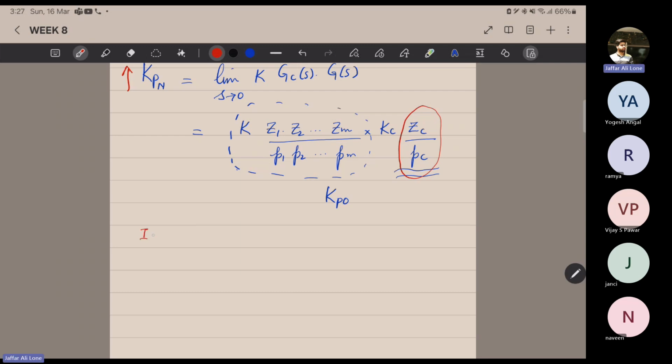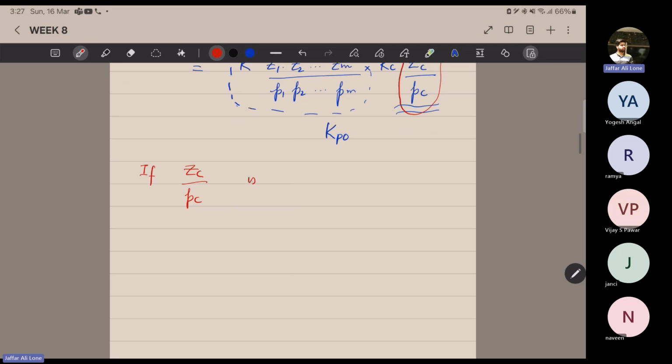If Zc over Pc is large, it implies Kpn is large, which implies the steady state error decreases.